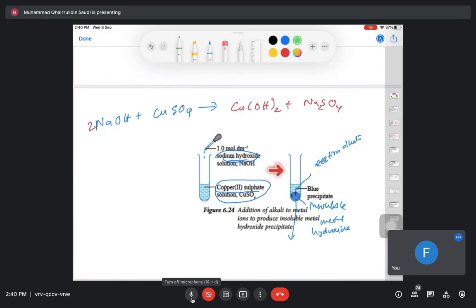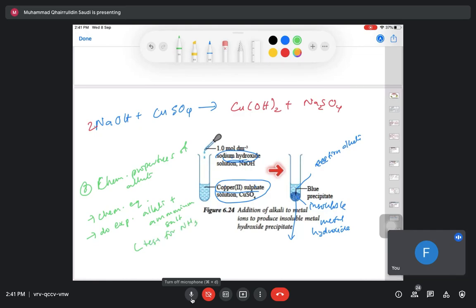Recap. Just 3 things. There are 3 chemical properties of alkali. You should be able to write down the chemical equation. You should know how to do the experiment for alkali plus ammonium salt, and then the test for ammonia.